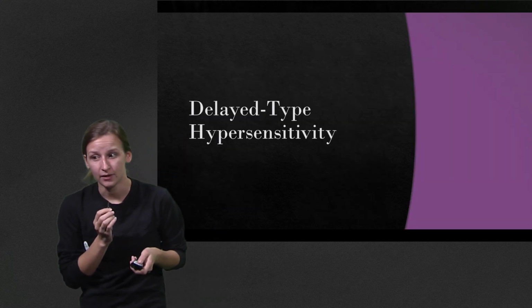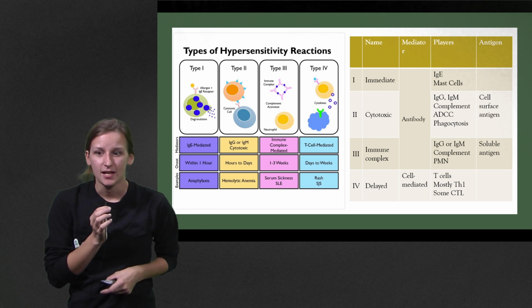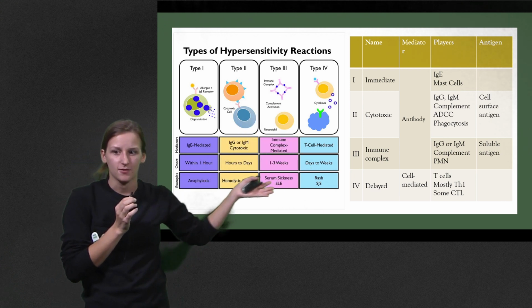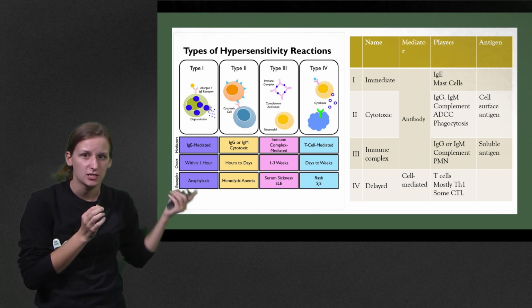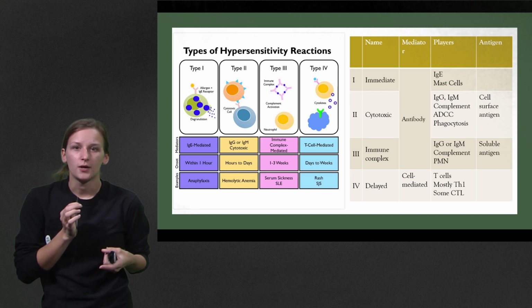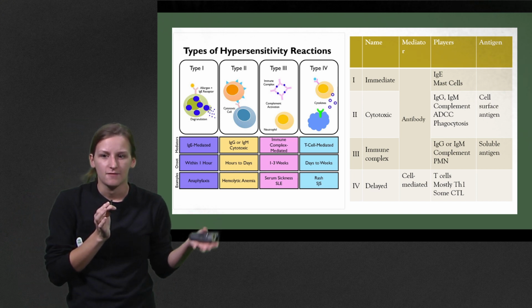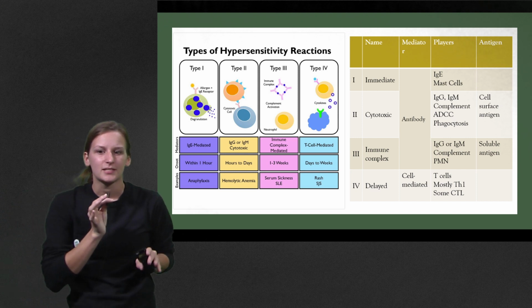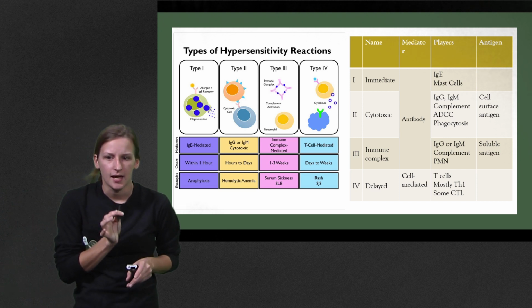All right, so on to delayed type hypersensitivity. I found this wonderful chart that basically summarizes the main points you need to know about each type. But just to quickly walk through them, type 1 we just went through, which was immediate. You have the IgE and mast cells. Type 2 and 3, they both deal with antibodies like IgG and IgM.